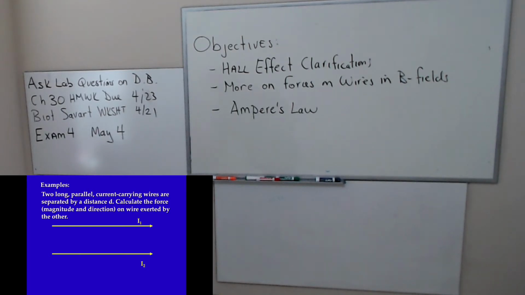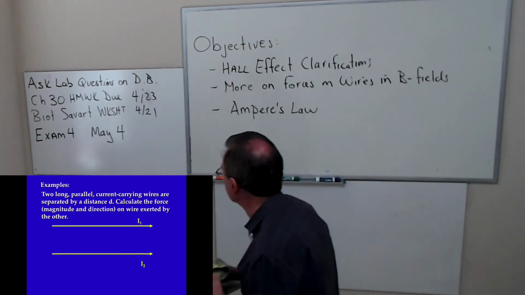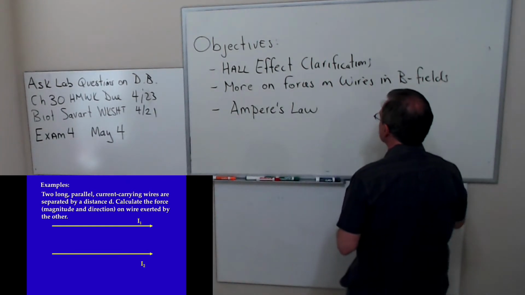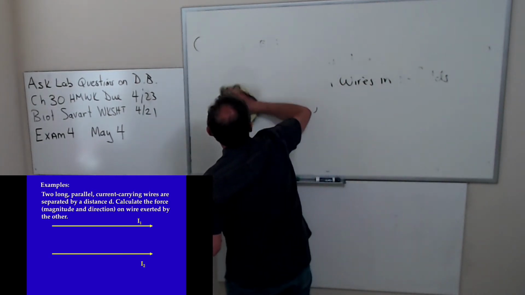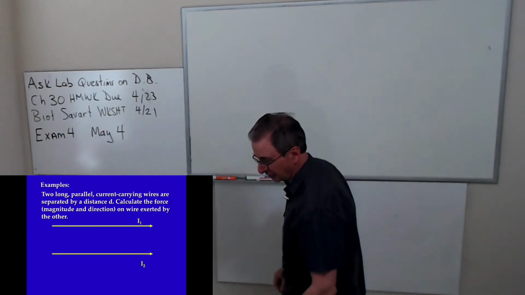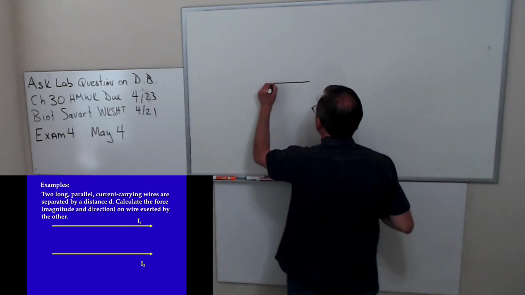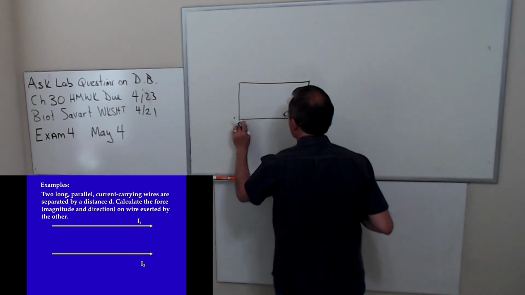Okay, so let's start by going back and quickly clarifying some things on the Hall effect. If you recall, and I'm not going to draw that detailed picture that I did last time, you have a conductor, a thin conductor.